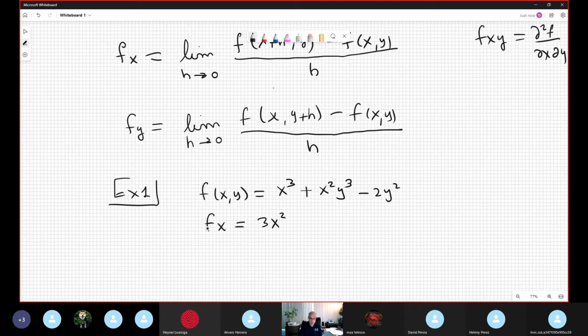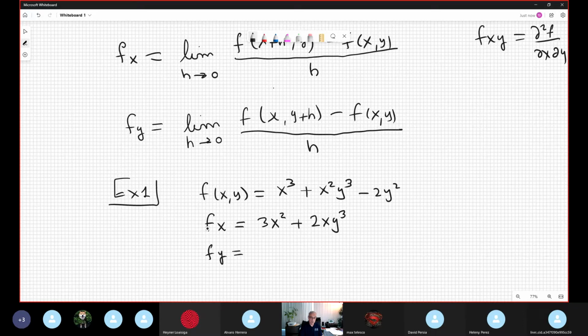This is clear. Now you differentiate that part as 2x, and y cubed stays the same because you consider it a constant multiplier, like a 20 or a 4. And this last term is a constant with no multiplier, a constant outside the game. The derivative of a constant is 0. Cool?